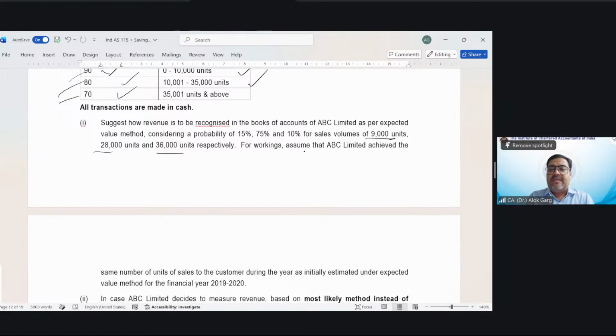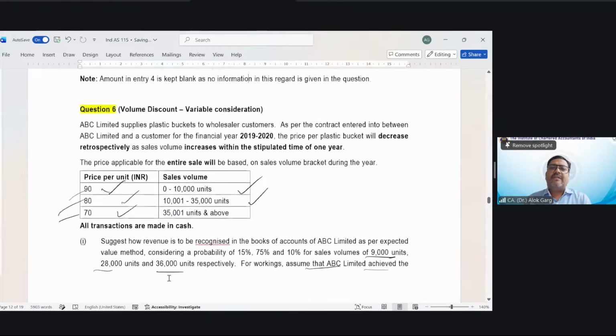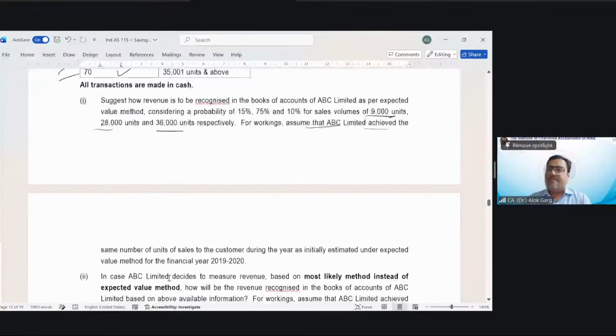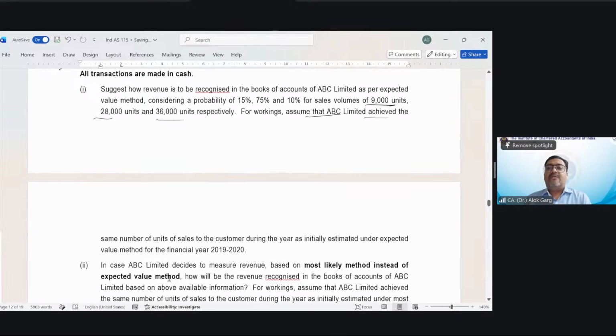For workings, assume that ABC Limited achieved the same number of units of sales to the customer during the year as initially estimated under the expected value method for the financial year 1920. Is that clear? So this is the probability, and this is also the actual scenario.